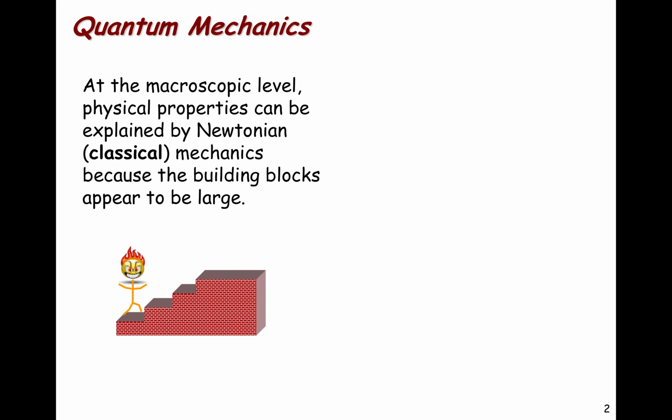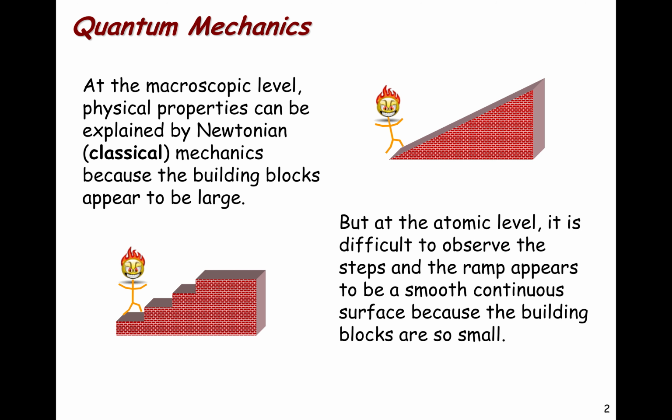On the other hand, if we were to look at the steps, instead of being built to form a series of stairs, built to form a ramp, the bricks would be very, very small compared to the steps that we had previously.